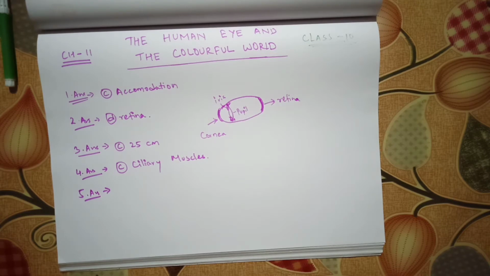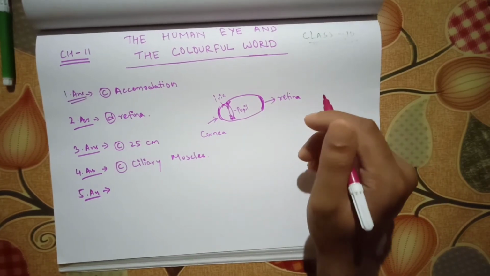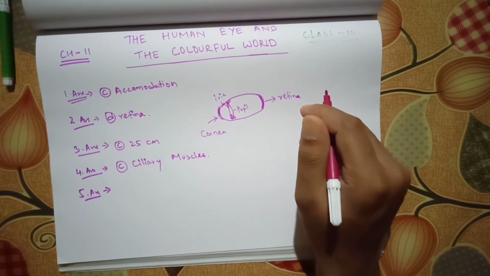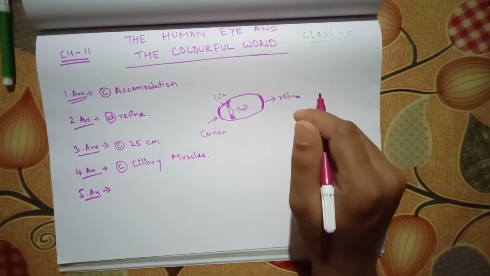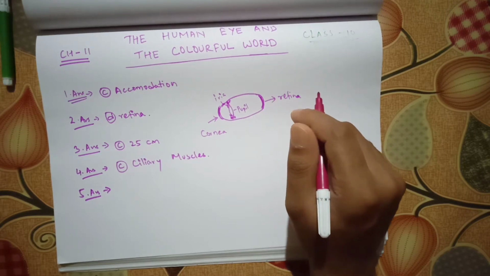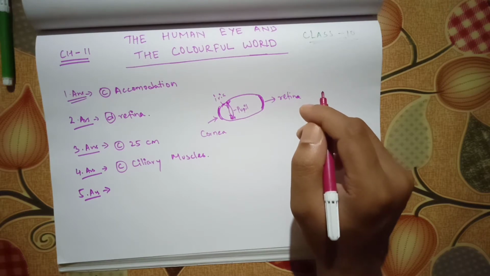Distant vision means he can't see objects which are far away, which means the person has hypermetropia. For correcting his near vision, another person needs a lens of plus 1.5 diopter, which means the other person has myopia, which is why he needs 1.5 diopter power specs.